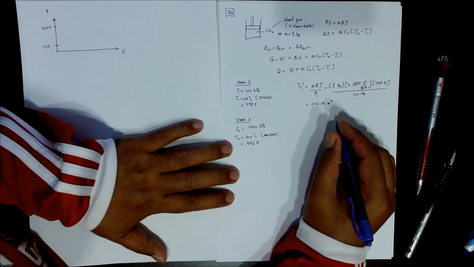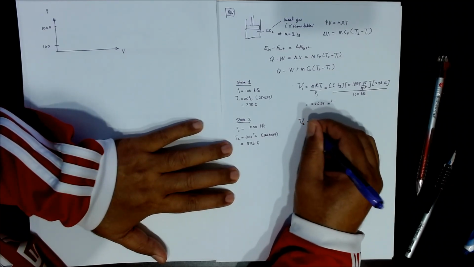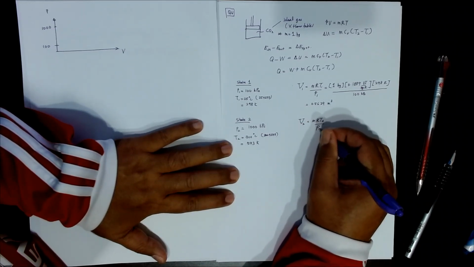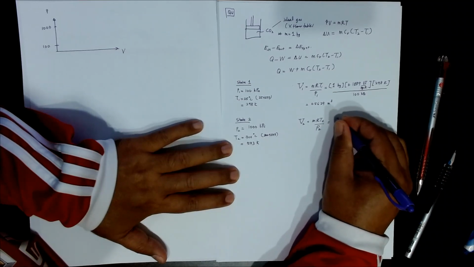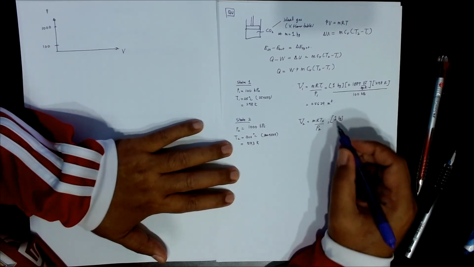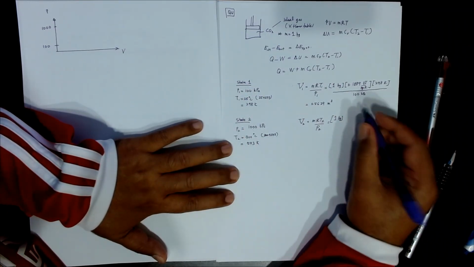Now let's move on. To find volume 2, the volume of the second state, V2 equals mRT2 over P2. So 1 kilogram. You might wonder why the mass is the same: because it's a closed system, the mass always remains the same.